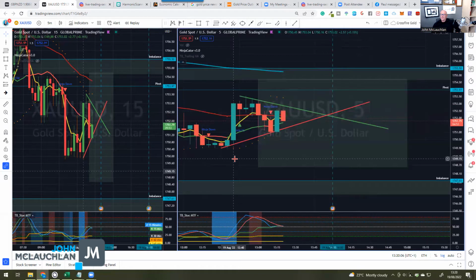So we've still got a ninja down, but as I say, price is doing that thing. It's trying to take people out of their stop losses, just those little financial institution traps.